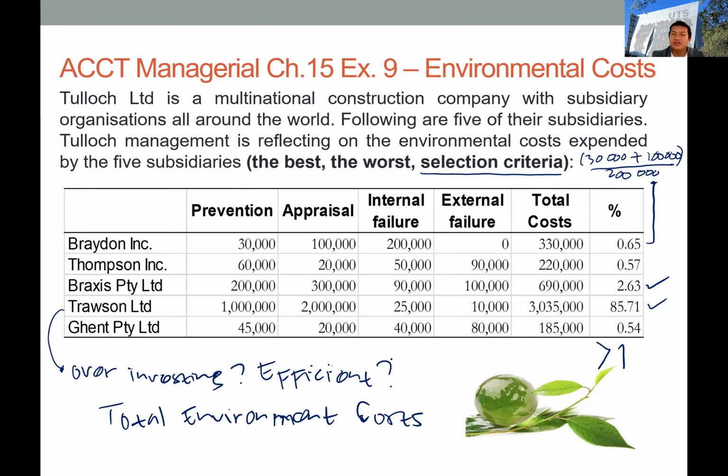So if you look at this total cost, the smallest environmental cost is Gen, and the next one is Thomson.